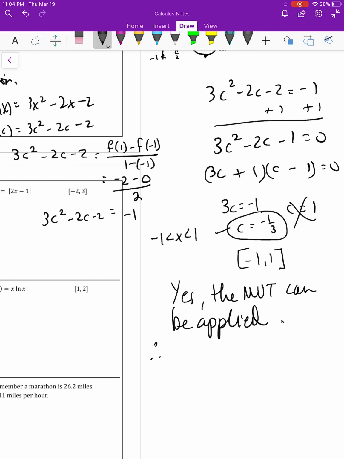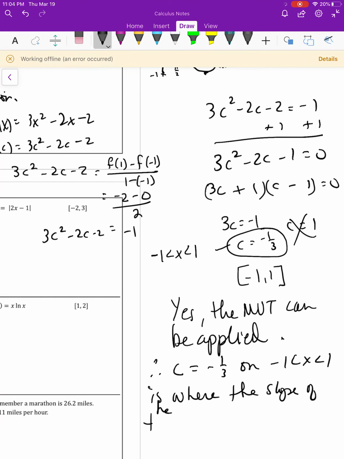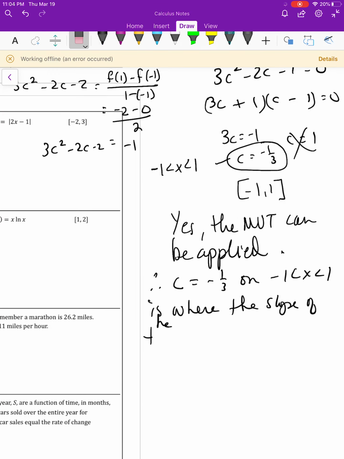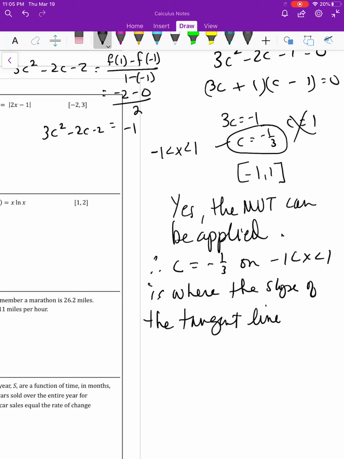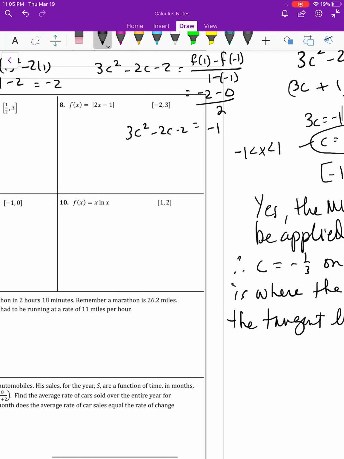And therefore, c equals negative 1/3 on the interval from negative 1 to 1 is where the slope of the tangent line is negative 1.